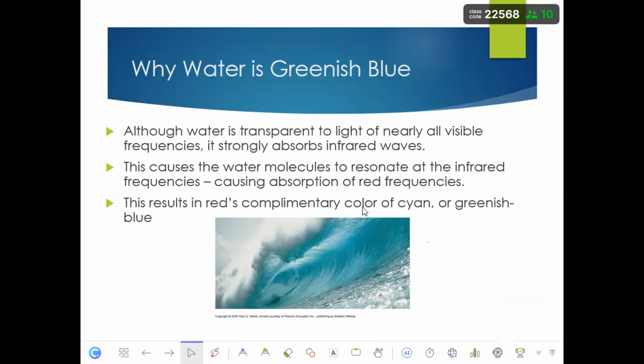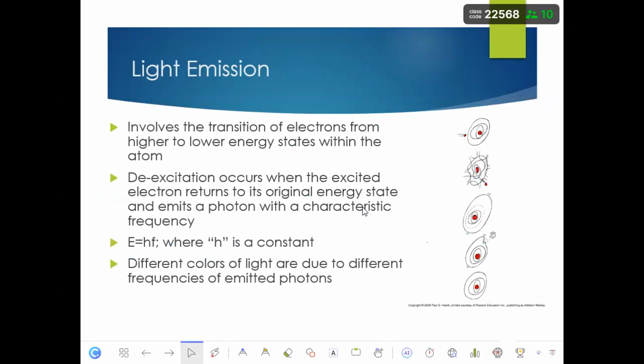Again, about the water, it is exactly the same. You can just read it on your own. And we already talked about light emission, and why we have light emission. As I said, if a charged particle receives energy, it starts vibrating, and we will have an electromagnetic wave.